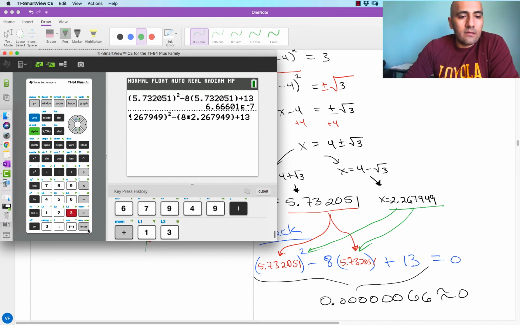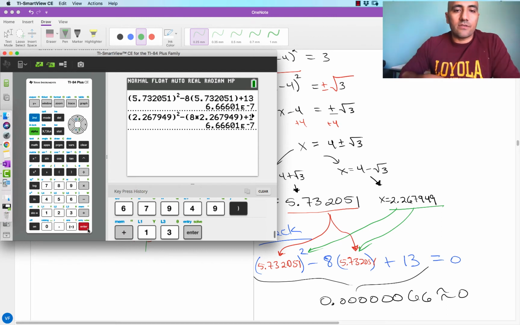Okay, so again, close to 0, the exact same answer. So very, very close to 0, just off by a little bit because of the rounding issues, but pretty clearly the right answers.